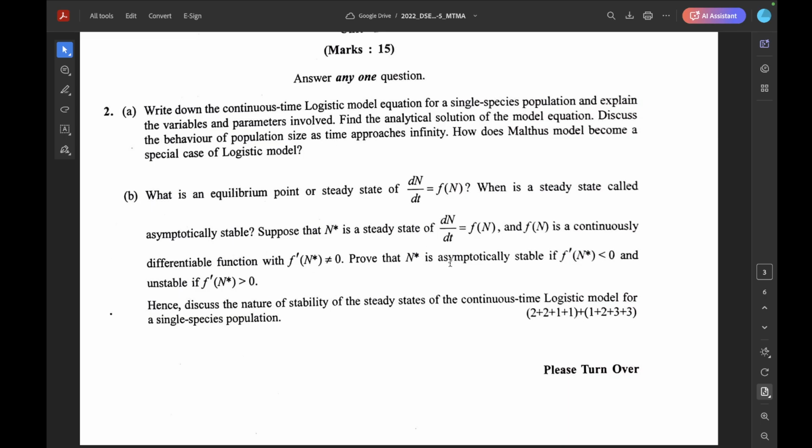Prove that n star is asymptotically stable if f dash (n star) is less than 0 and unstable if f dash (n star) is greater than 0. Hence discuss the nature of stability of steady states of the continuous time logistic model for a single species population. This is number 1 plus 2 plus 3 plus 3.